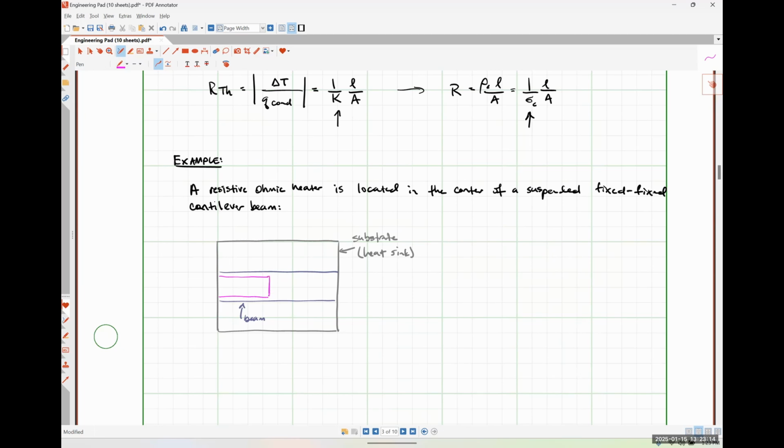So I've got a metal strip here, a metal strip here, and then connecting these two metal strips is a simple ohmic heater, which is typically going to be made as like a serpentine section of metal.